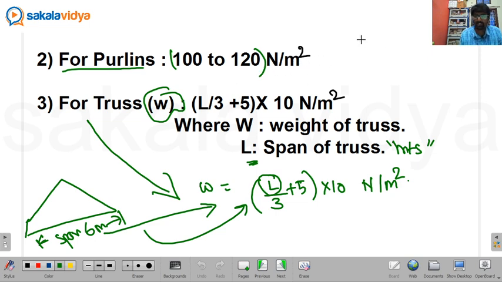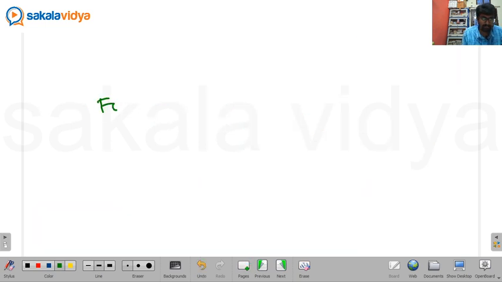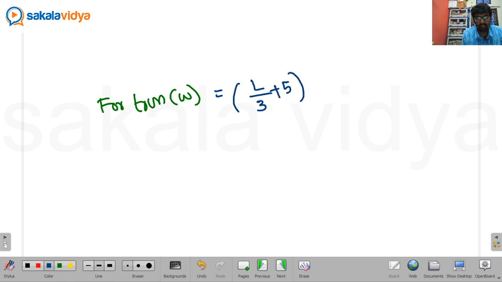For a truss, the formula for dead load will be L by 3 plus 5 into 10 Newton per meter square, where L is nothing but the span of the truss.